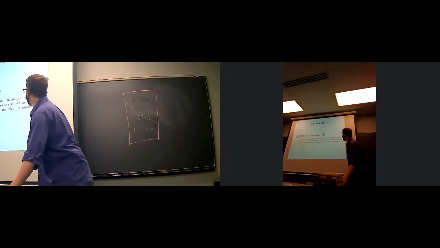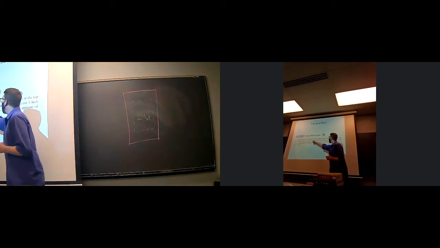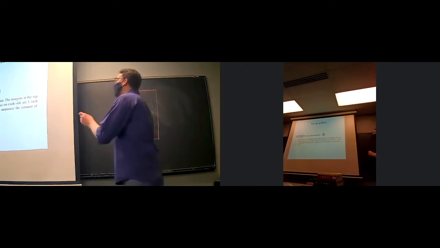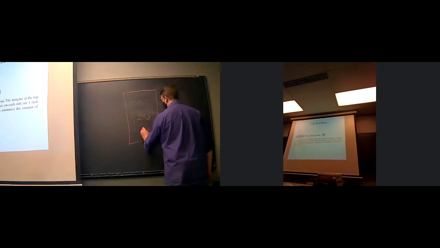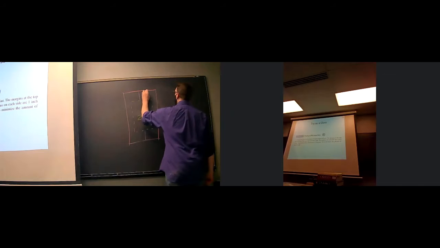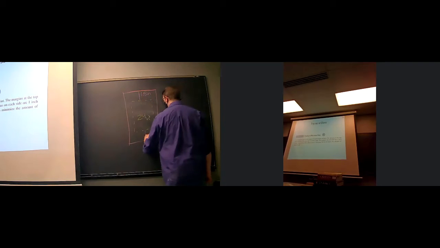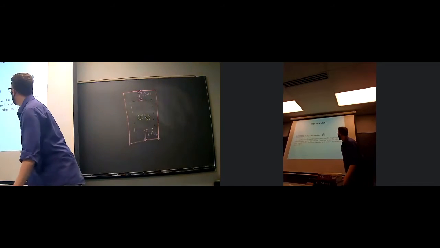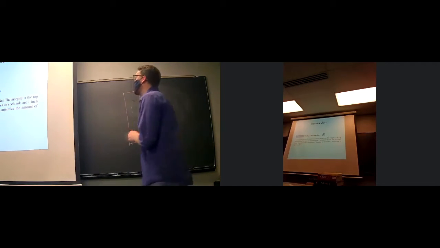And this piece of paper, top to bottom, is going to have a margin of 1.5 inches. And left to right is going to have margins of just 1 inch.